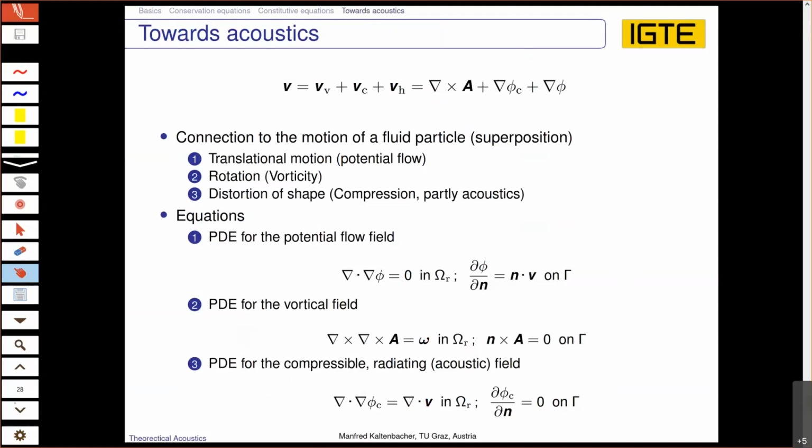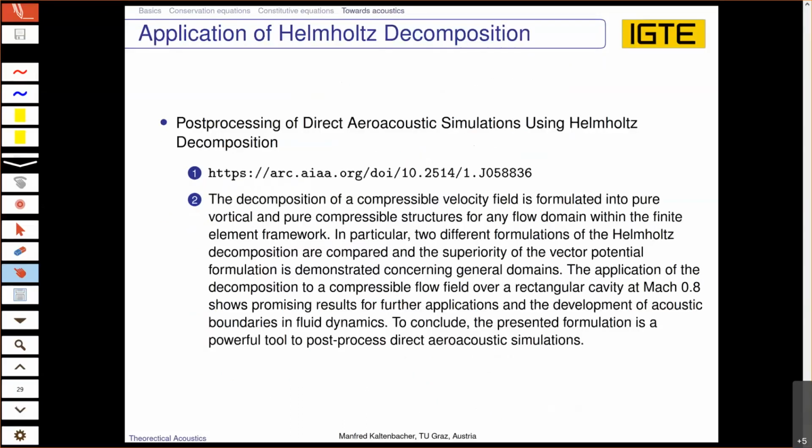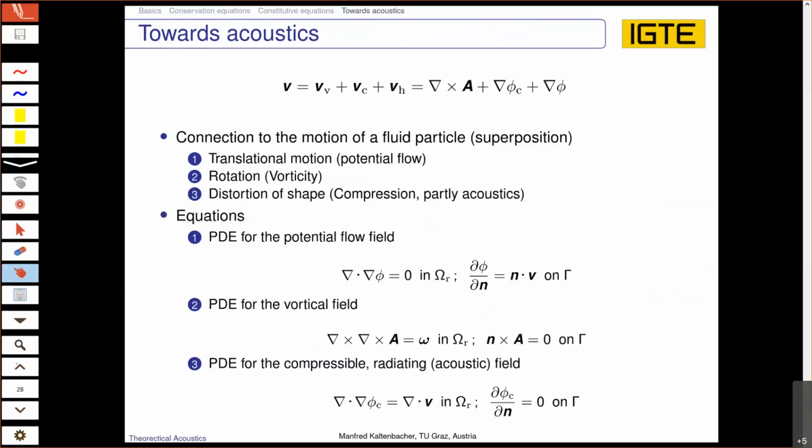So this is the possibility to do this full decomposition, and we will also have some interpretation and description within aeroacoustics, where we use this very general Helmholtz decomposition, not only in a classical vector potential and scalar potential, but in a vector potential and two scalar potentials, in order to bring in the physics from fluid dynamics, where we know that we can also describe a part of a flow by a potential flow.